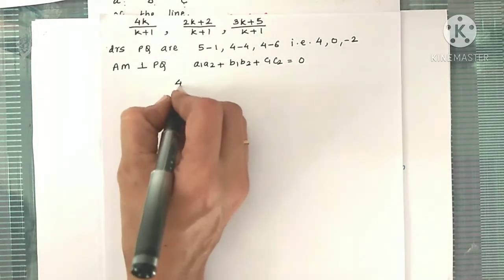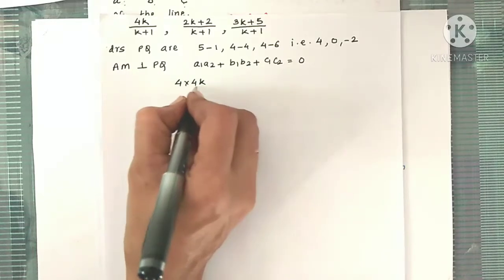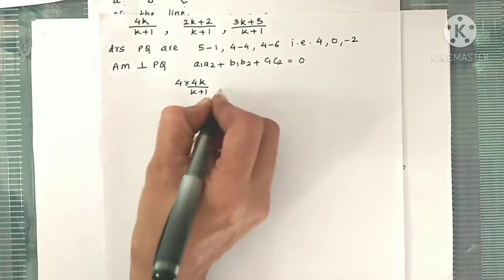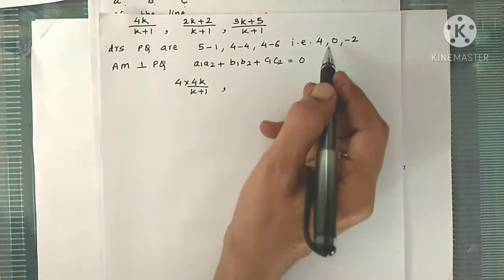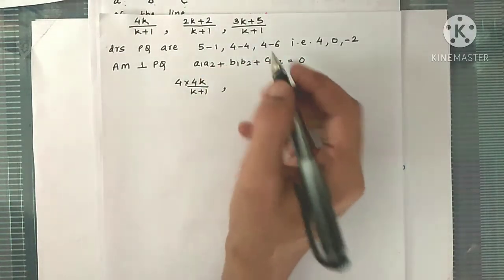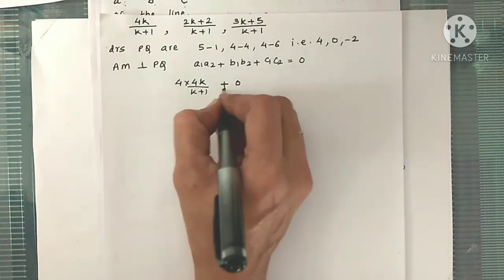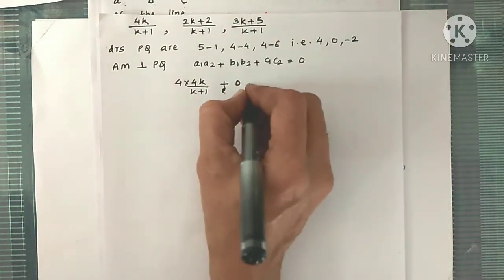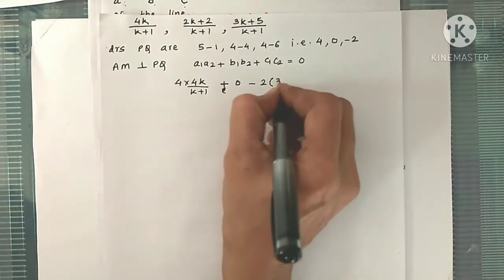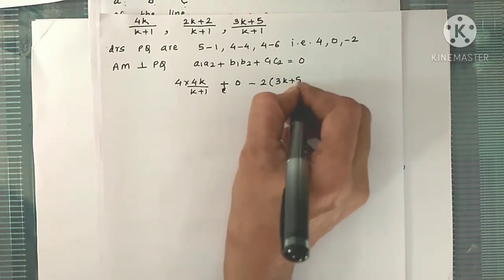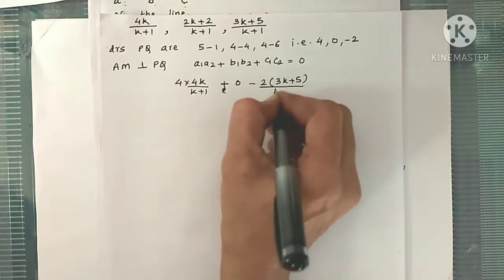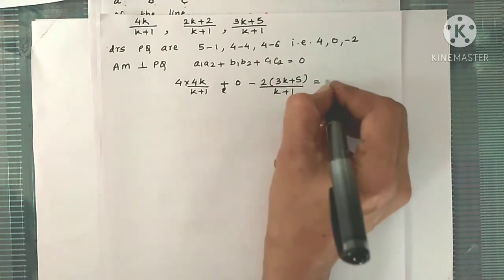So 4 into 4k upon k plus 1. Second one is here 0, so no need to consider this number as the product is 0. We should add these numbers. And the next one is minus 2 multiplied by 3k plus 5 upon k plus 1 equal to 0.